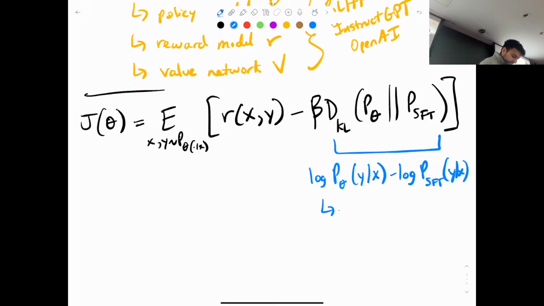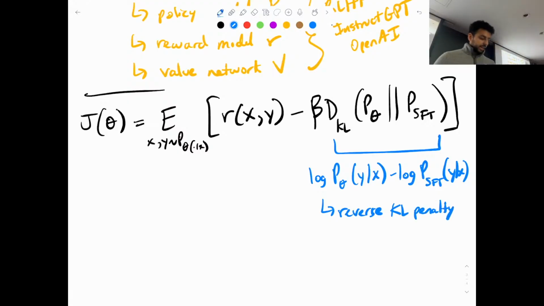So I wanted to talk a little bit more about that. Depending on if you compute log P SFT minus log P theta or log P theta minus log P SFT, you will get different behavior in the underlying model. So I wanted to just show a quick plot, and then we can come back to our discussion.